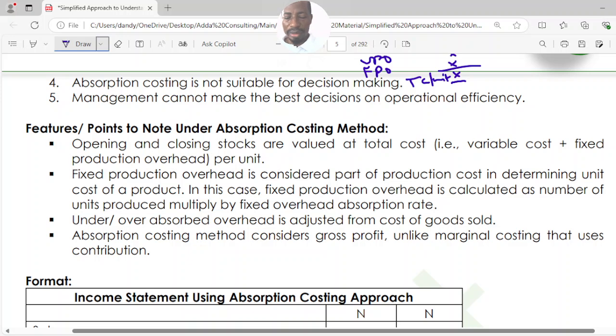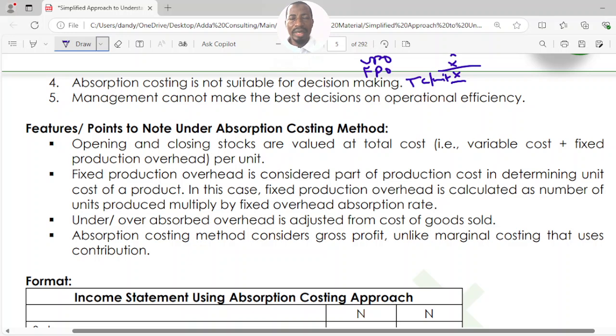Then the third point under absorption costing is that absorption costing considers overhead absorption. So when there is under or over absorbed overhead, you are expected to adjust this in the cost of goods sold.